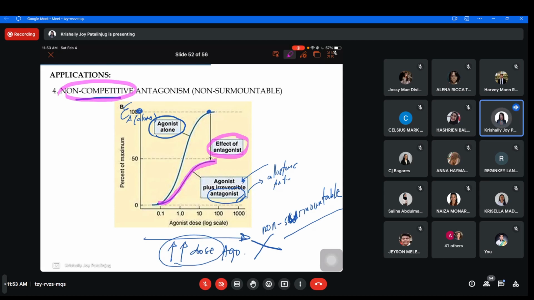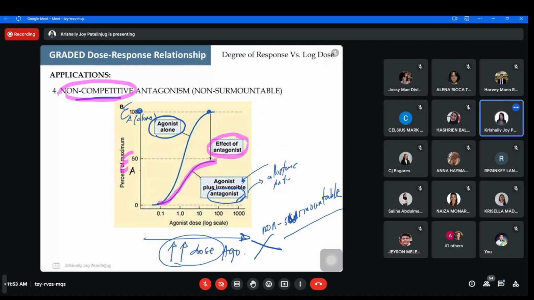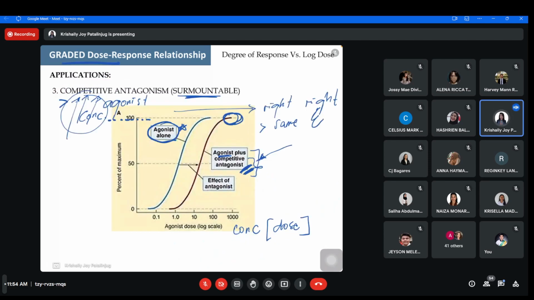It shifted to the right, but the efficacy of the agonist with the antagonist is lesser than the maximal response ng initial agonist's response. Okay? So ito yung magiging itsura ng isang non-competitive antagonism.